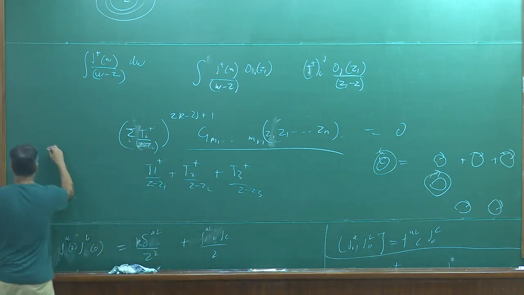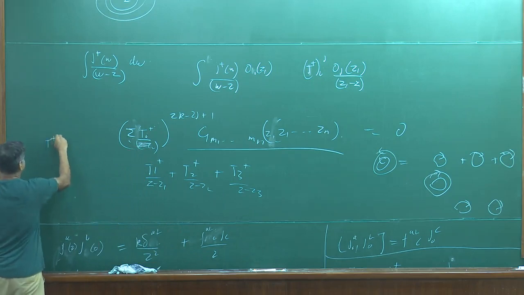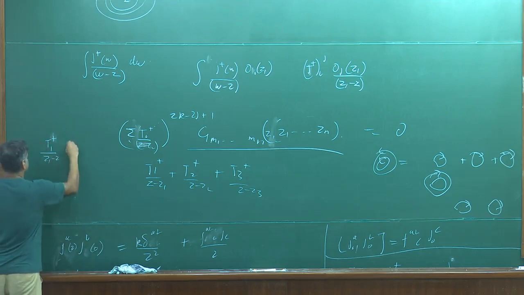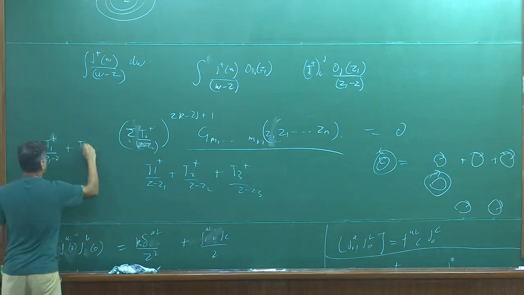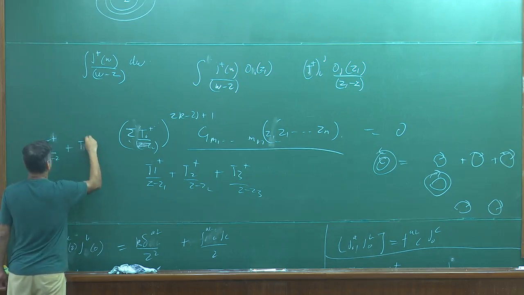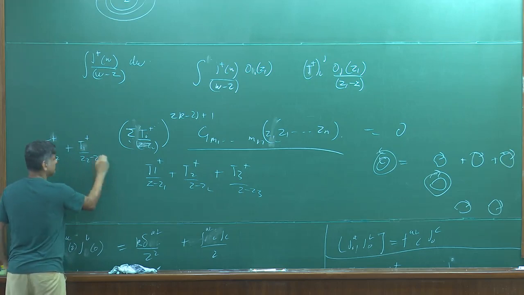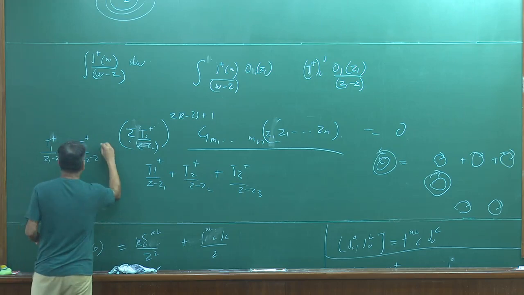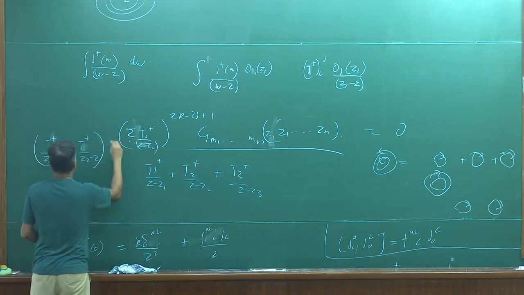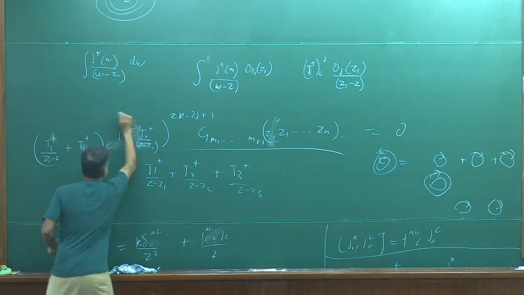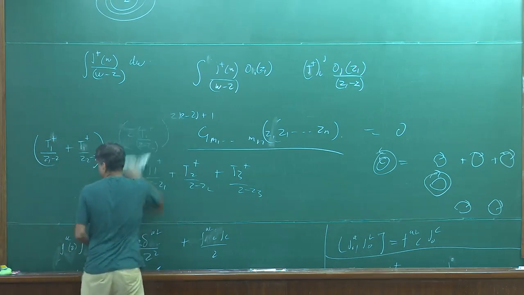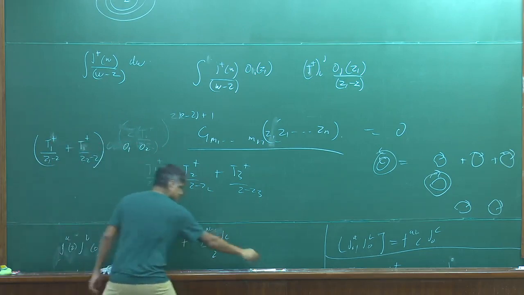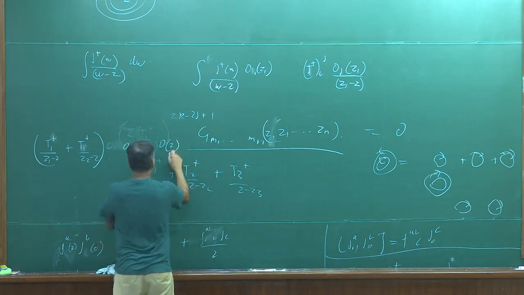The first contour will give us T1 plus acting on 1 over Z1 minus Z, plus T2 plus acting on 1 over Z2 minus Z, this acting on this whole thing, acting on O1, O2, and then there's O of Z, which still has another contour around it.